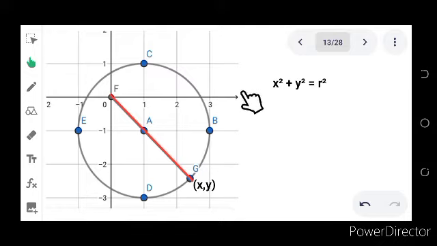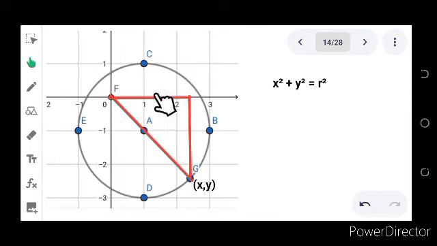Now, notice that this is also the same as the Pythagorean theorem, with r as the hypotenuse and x and y as the sides. Therefore, we can draw a right triangle. Here, x is the distance from the origin going to the left of the x-axis, and y is the distance from the x-axis going down.